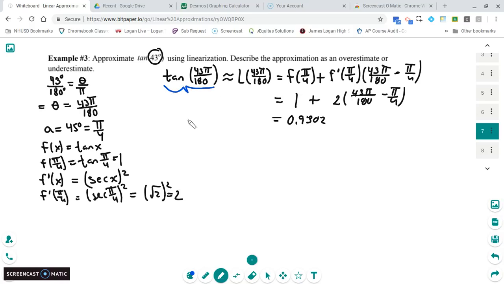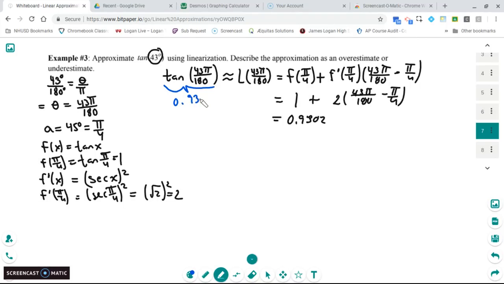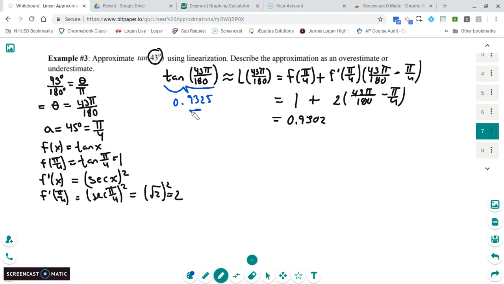And I do want to compare it real quick with the actual value of the tangent. So you put this on your calculator, make sure you're in radian mode. And this comes out to be 0.9325. And so you can see that there are two places up to the 100th place where we have an exact match. So there's our level of accuracy to 2 decimal places. That's not bad.